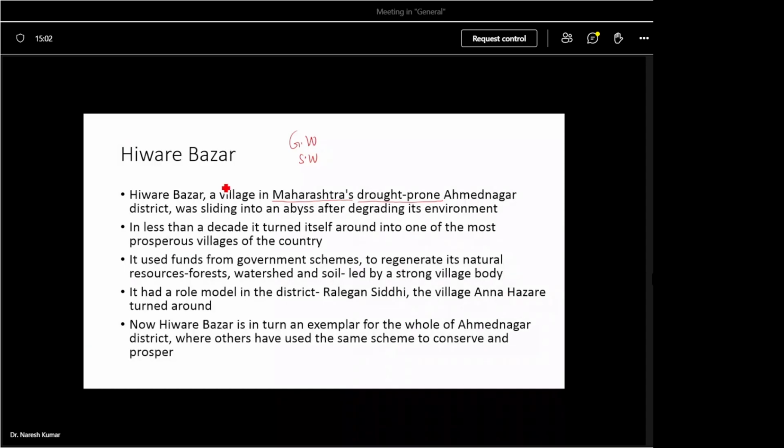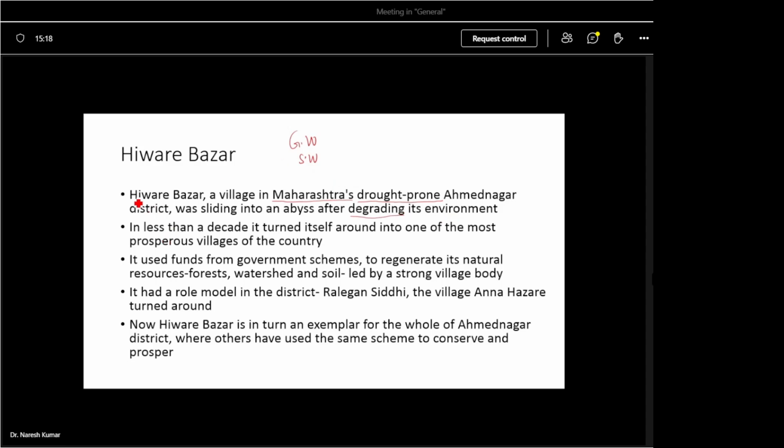This district was also quite famous, not for a good thing, but because it was highly drought prone, and the socio-economic status of the village was very, very poor, mainly due to the degrading environment.